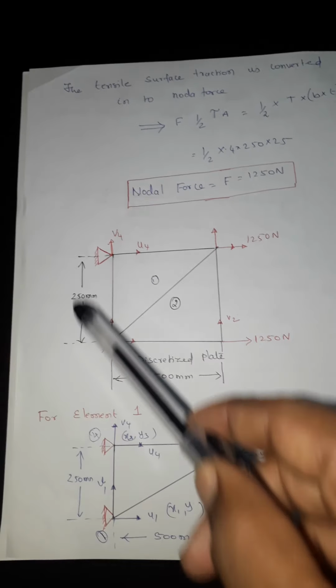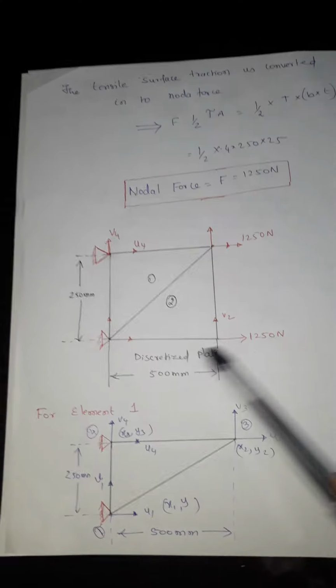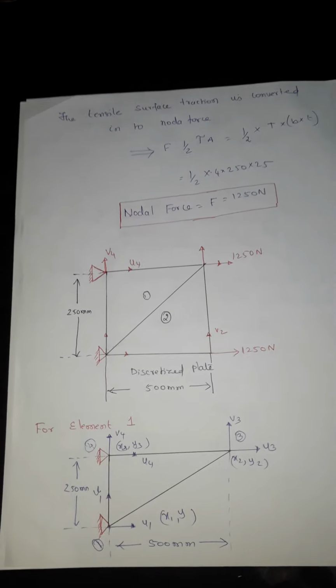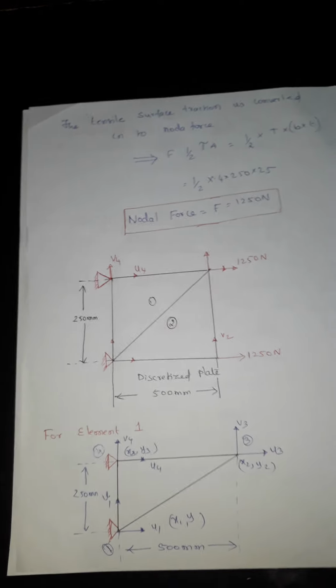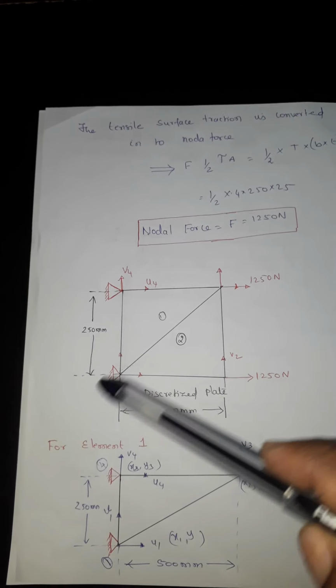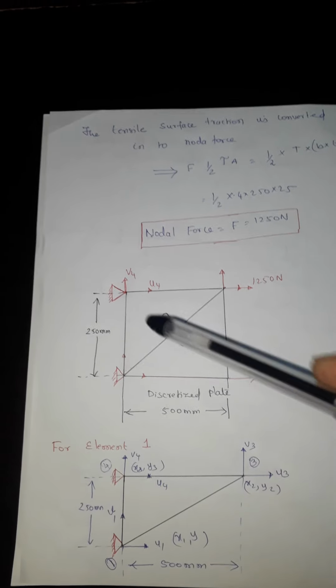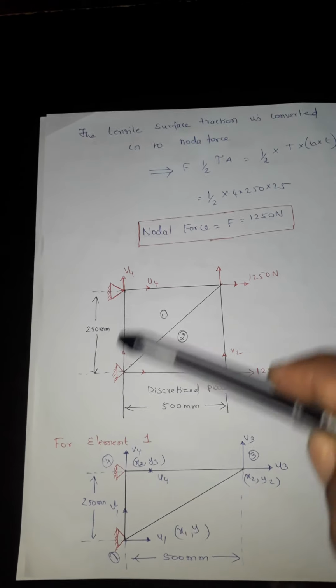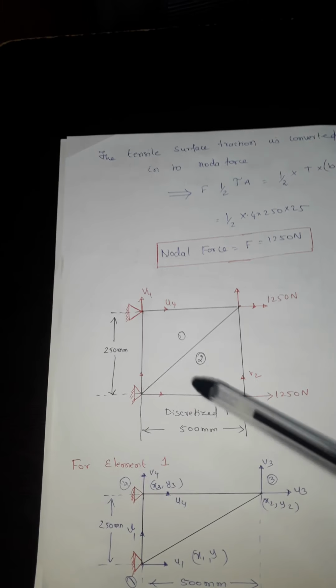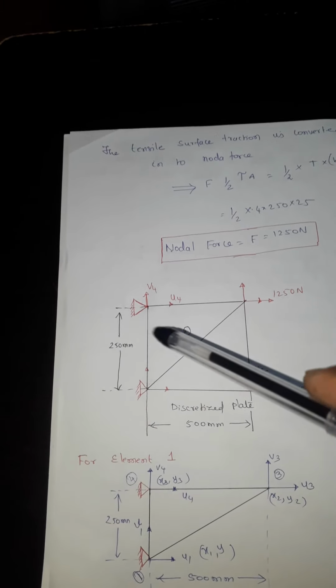From that diagram I have made this two-dimensional figure, because we are going to concentrate only on the nodes. So we are taking these 4 nodes, and discretizing into 2 elements. This is not the member, this is the surface, and I have discretized it into 1, 2 elements.